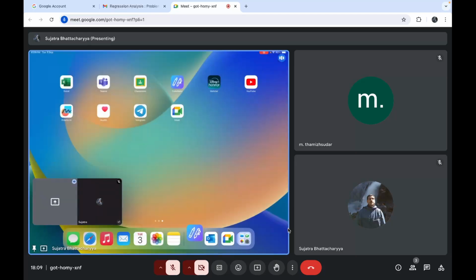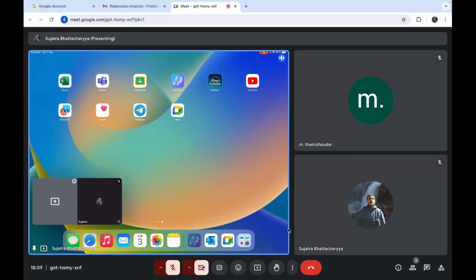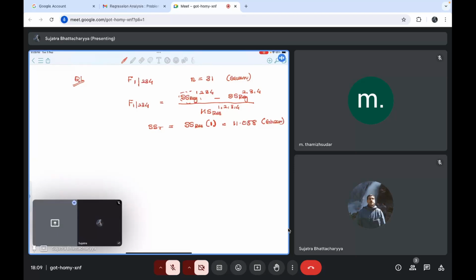For none of the regressors in the model, the SS residual is 11.058. We write this from the fact that SS total is equal to SS residual plus SS regression. If there are no regressors, SS regression is zero, so it is nothing but the SS residual.